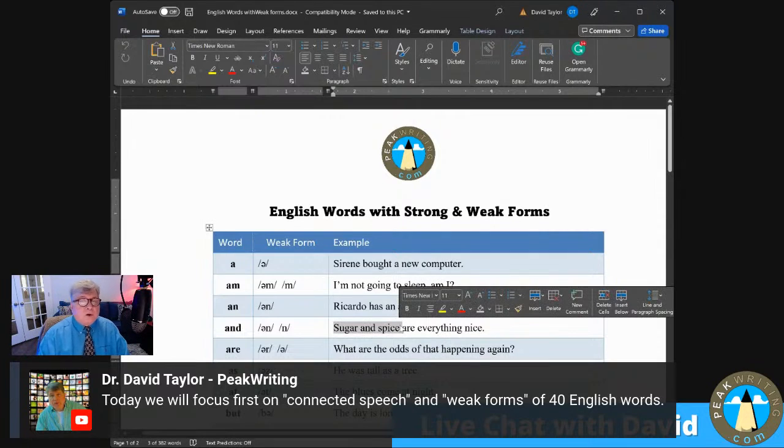Here you hear very clearly, in this next sentence, sugar and spice, the rhythm that is caused by English being a stress-timed language. So instead of "sugar and spice," it's "sugar 'n' spice."